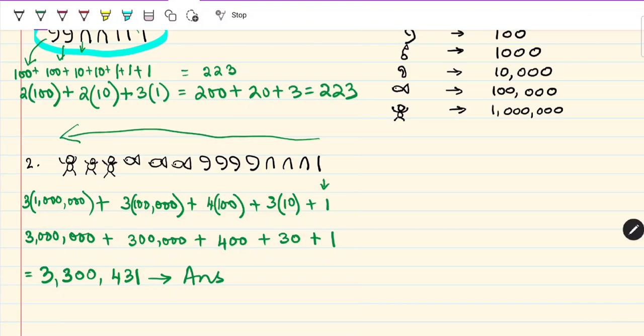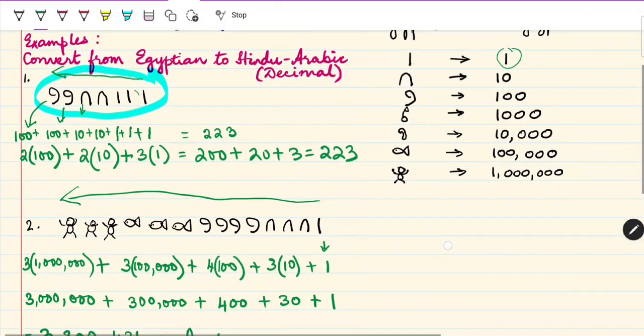Whereas if you show the individual steps, then you get partial credit for the steps, even if you didn't get the final answer correct. If you've done 90% of the steps correctly, you will get 90% of the points. All right. So this is how you're going to go about converting from the Egyptian numeral system to the Hindu Arabic or the decimal system.